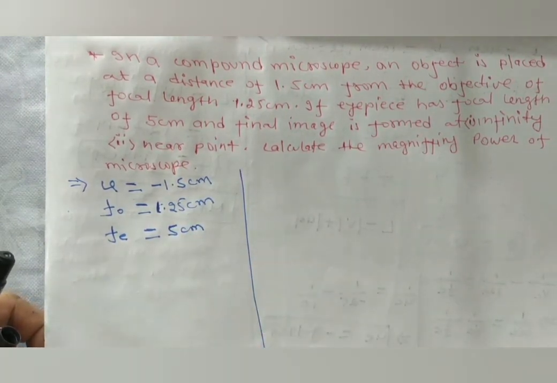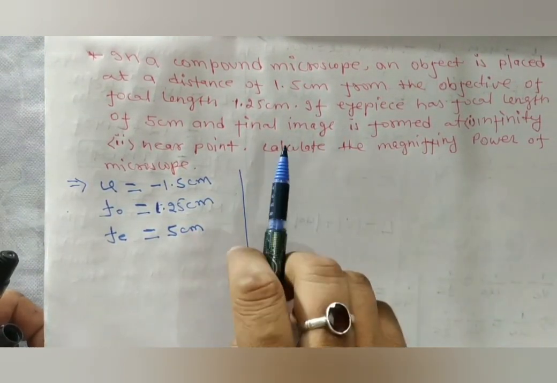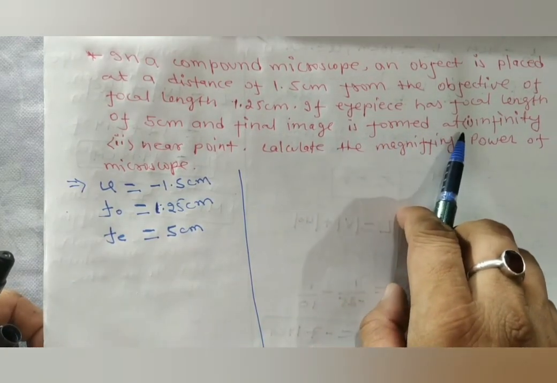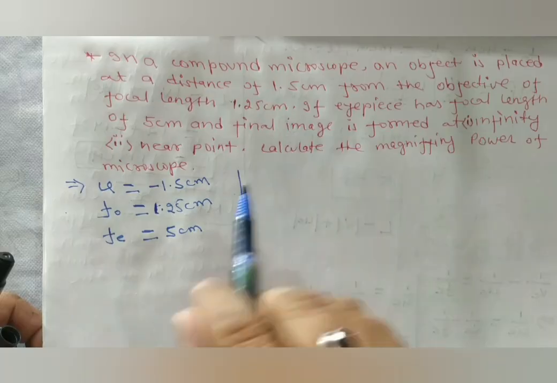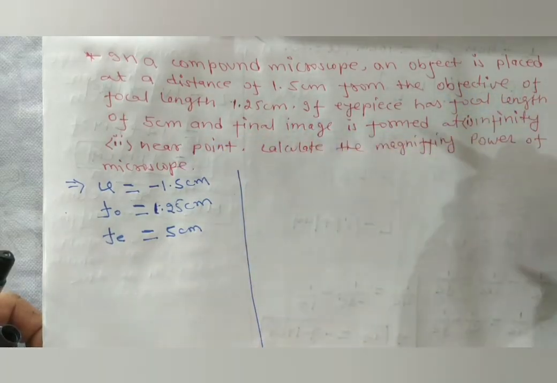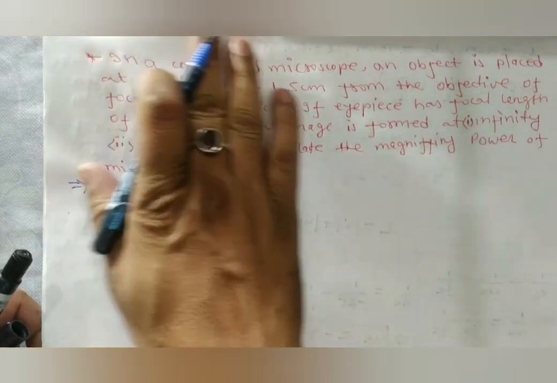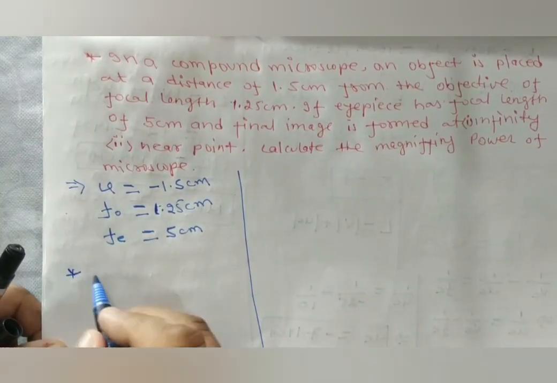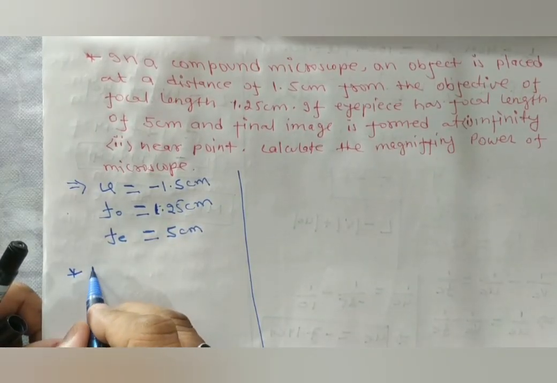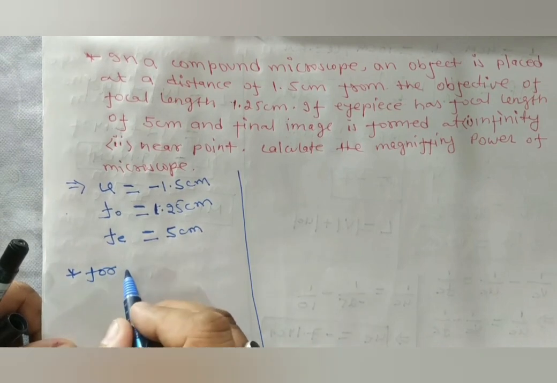Now, the final image is formed at infinity and near point. There are two cases. In the first case, the final image is formed at infinity, and in the second case, the final image is formed at near point. We have the formula for magnifying power for far point.